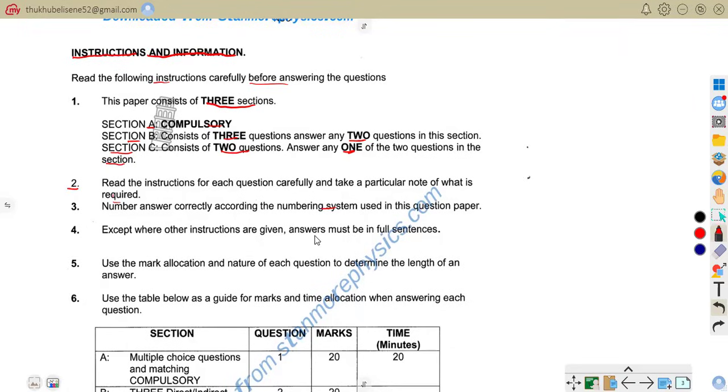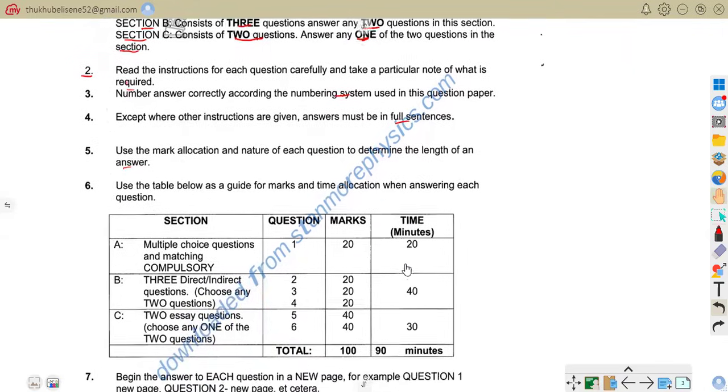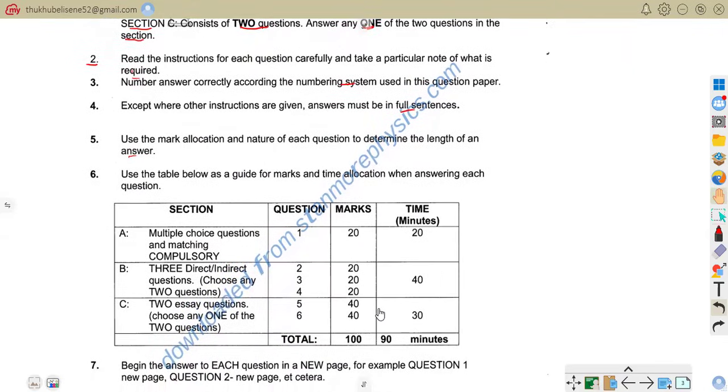Except where instructions are given, answers must be in full sentences. Use the allocation and nature of each question to determine the level of an answer. Use the table below as a guide for marks and time allocation when answering each question. So this is a table that you are to use as a guide for marks and time allocation.